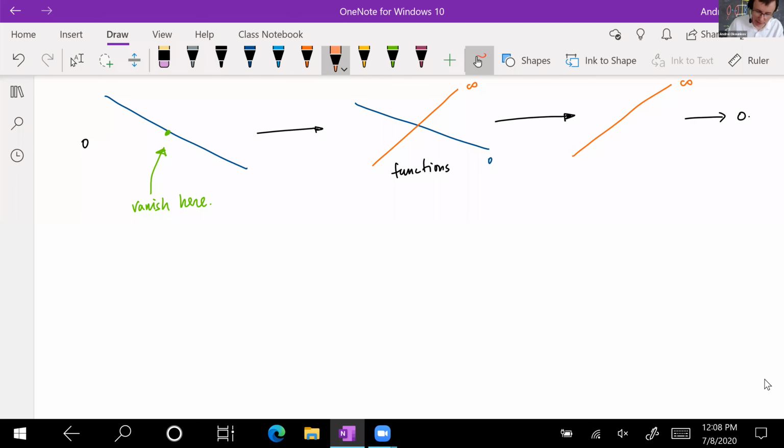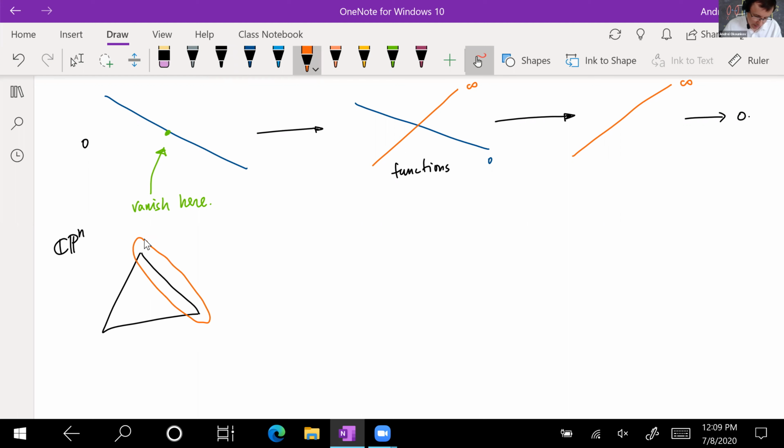And so what would be the analogue for general n? If I have my CP^n, so maybe this is my picture of CP^n. Inside of it, I have CP^(n-1).